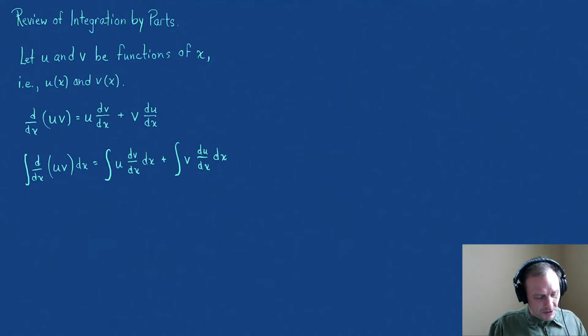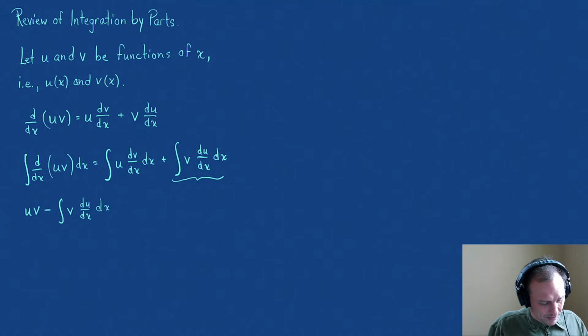Now what we do is let's just subtract. You could pick either term. I'm going to subtract the second one. And now let's clean this up. On the right-hand side, the integral of the derivative, that's just u times v. And then I'm going to bring that second term on the right-hand side over. So minus the integral of v times du dx is equal to the integral of u dv dx.